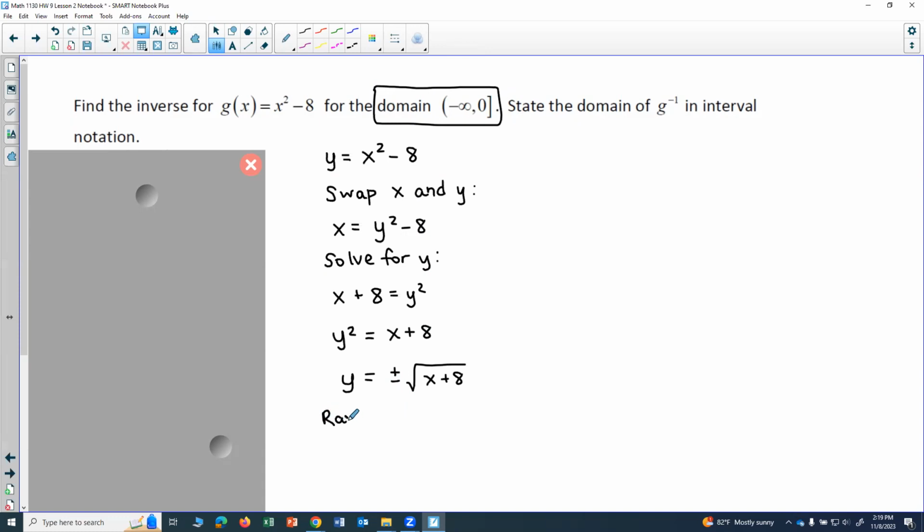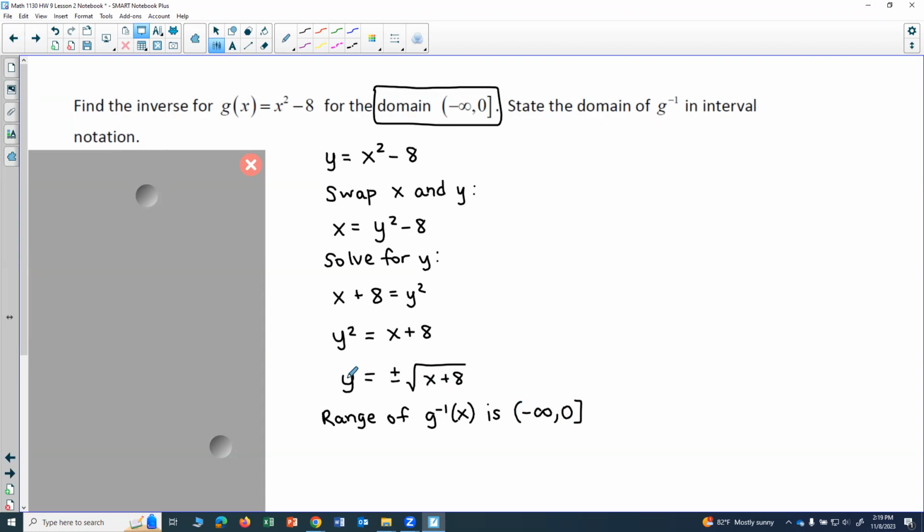So range of g inverse x has to be negative infinity to 0. So I'm using the fact that the domain of g becomes the range of g inverse, and the range of g becomes the domain of g inverse.